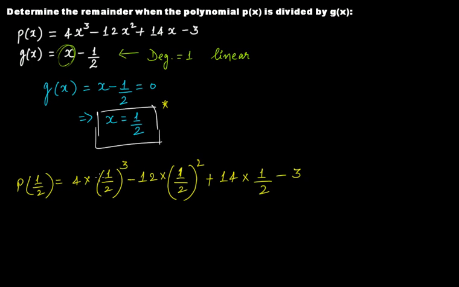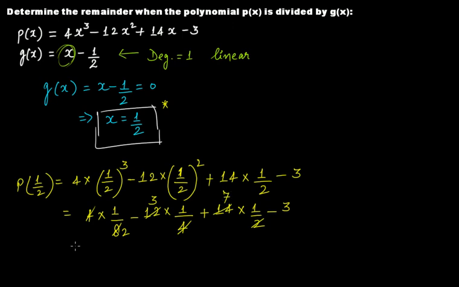So from here, this is 4 multiplied by 1 cubed by 2 cubed, that is 8, minus 12 multiplied by 1 squared by 2 squared, which means 4, plus 14 multiplied by 1/2 minus 3. So you get here 1/2, you get here 3, you get here 7. So this is 1/2 minus 3 plus 7 minus 3.